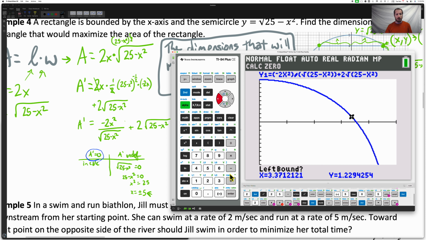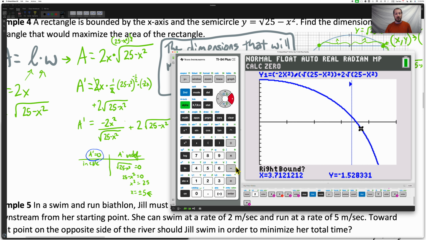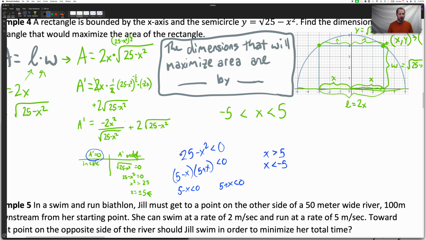So let's use second calc. Find our zero. We want a left bound. We want a right bound. Again, this just tells the calculator, hey, look between these two points for a zero. And guess. And we get x equals 3.536 as our only critical point.